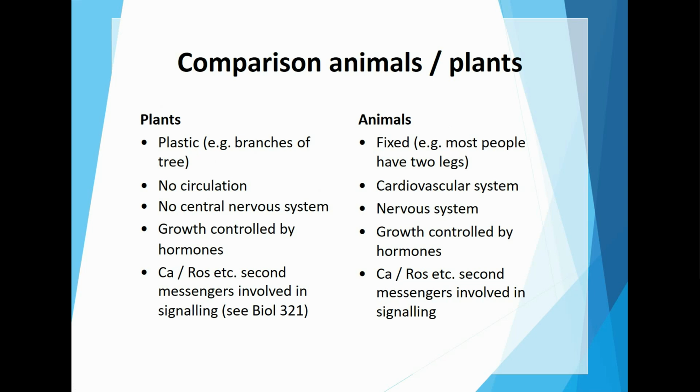So the genes, remember, the plants as well are governed by their genes. So for animals, we have a predisposed genetic makeup telling us how many legs we're going to have, whereas a plant, it doesn't matter. You know, it's plastic. It could be 2, it could be 3, it could be 4.